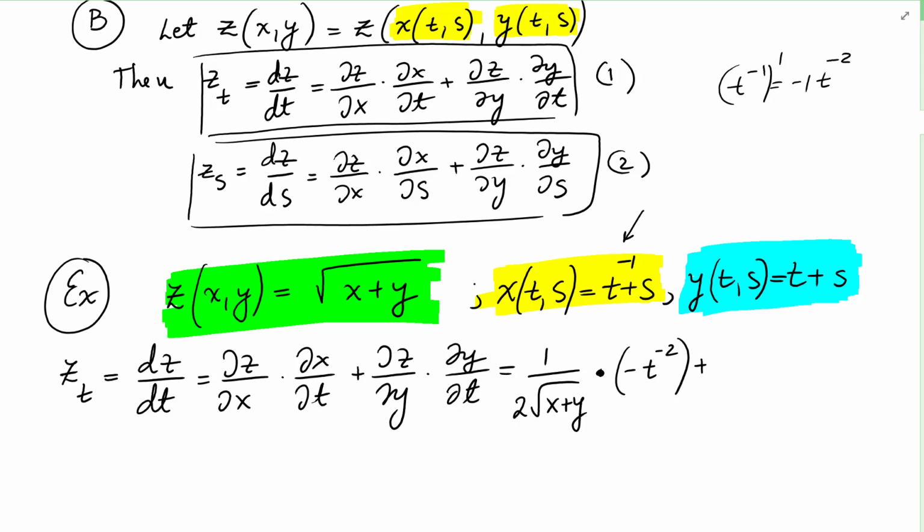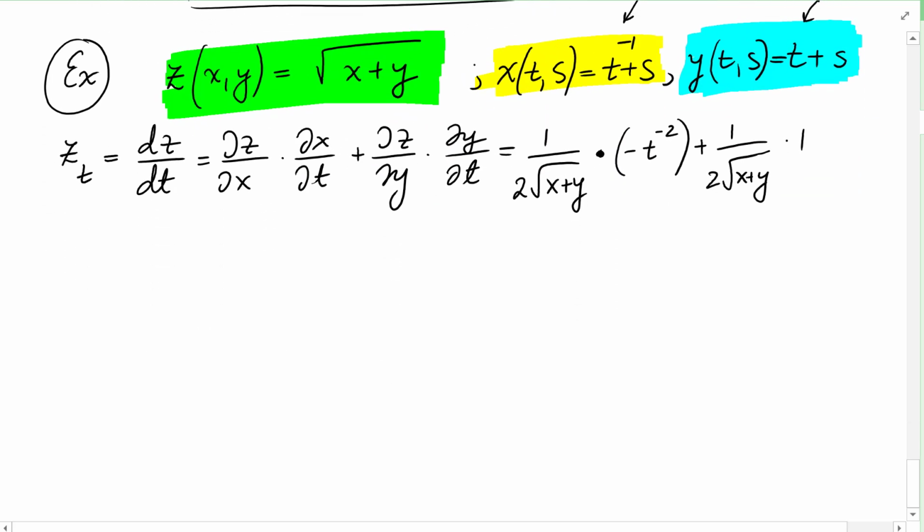So now we go back to the green function and we differentiate it with respect to y. So that gives us 1 over 2 square root of x plus y times x plus y differentiated with respect to y, which is 1, times dy/dt. Well, if we differentiate this with respect to t, we get 1.